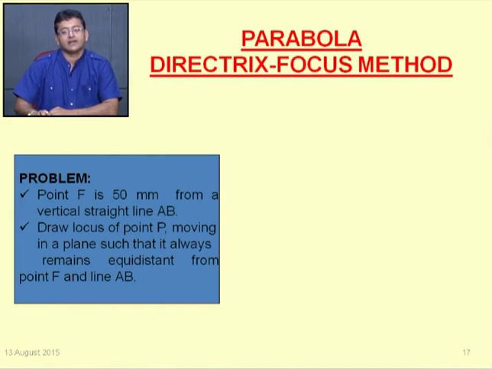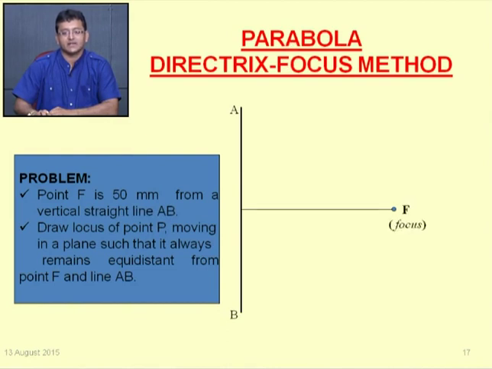Here the data given is that point F is at 50 mm from the directrix line, and the eccentricity value is 1. So draw a directrix line AB. Draw an axis and locate point F, which is at a distance of 50 mm.